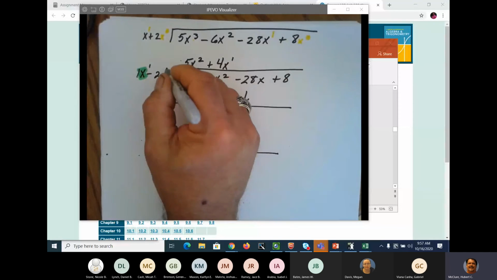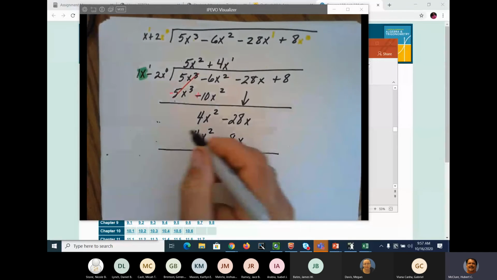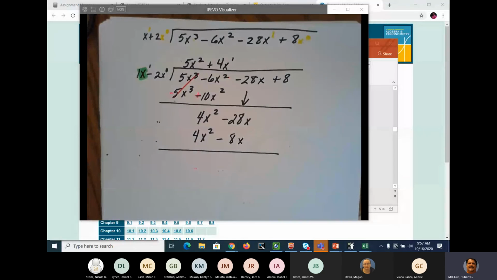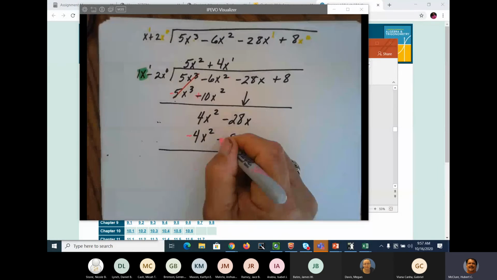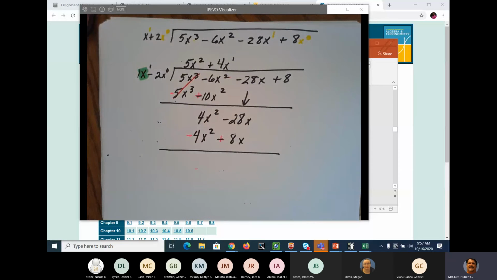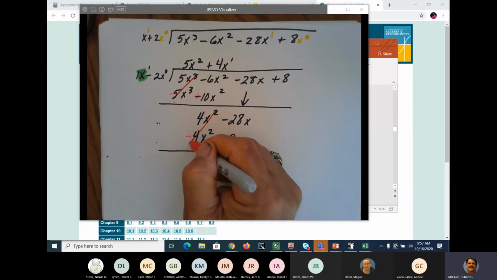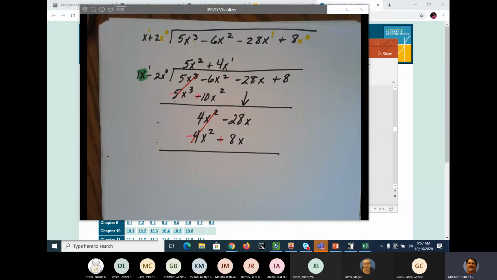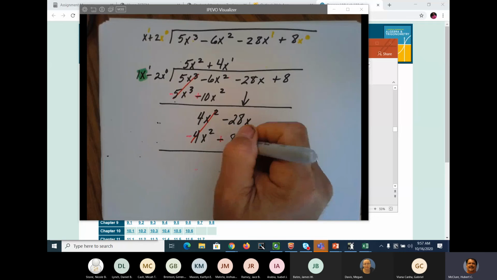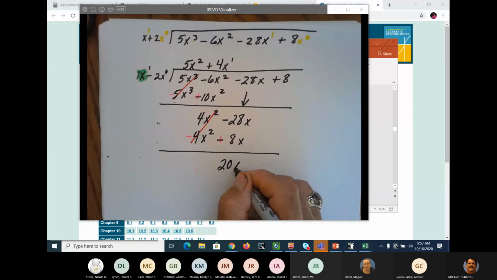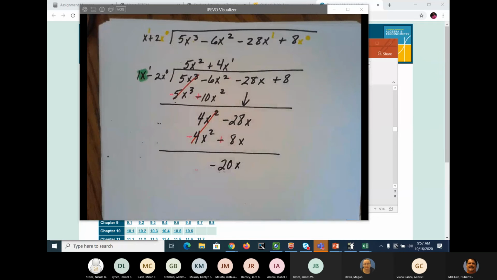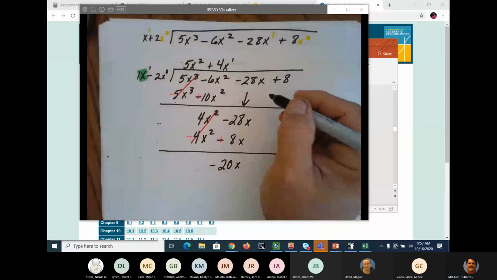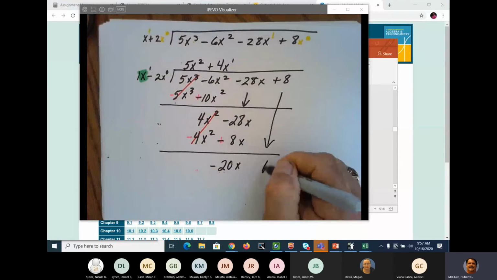And x to the first times x to the 0 is x. We always subtract. That gives you that negative. Again, same exact methodology each time, same steps. -28 plus 8 is -20. And you bring down the 8 to help out.